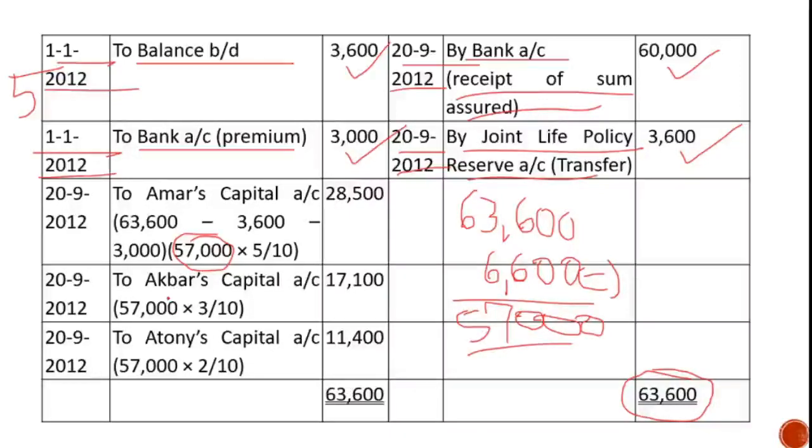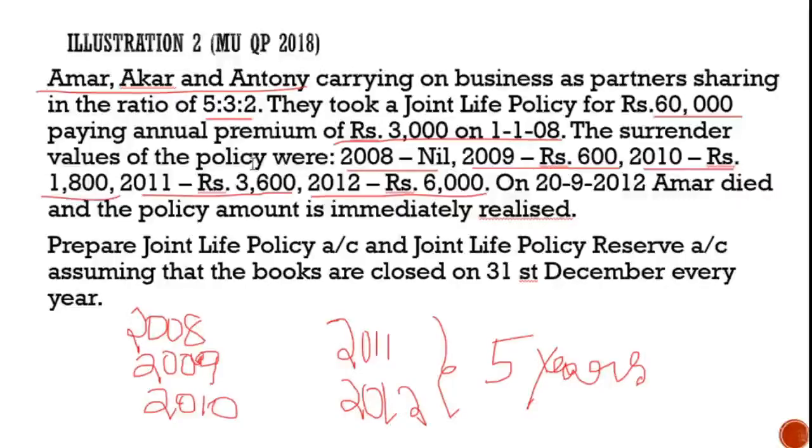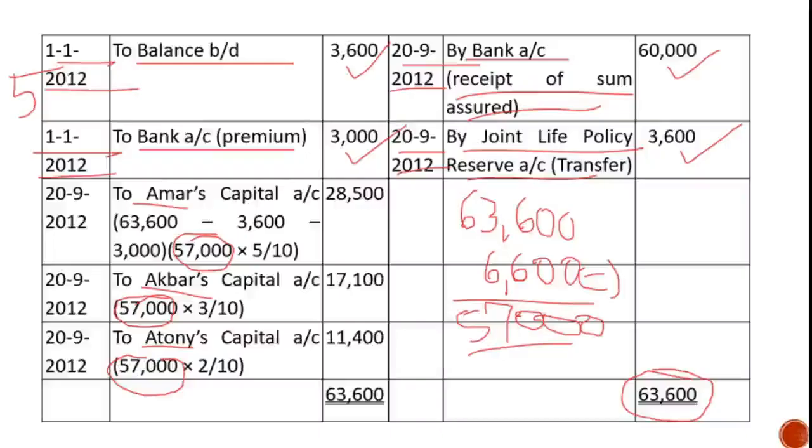That amount has to be transferred to all the partners in their profit sharing ratio. Which profit sharing ratio? The old profit sharing ratio. The old profit sharing ratio is given in the problem as 5:3:2. So 5 by 10, 3 by 10 and 2 by 10.